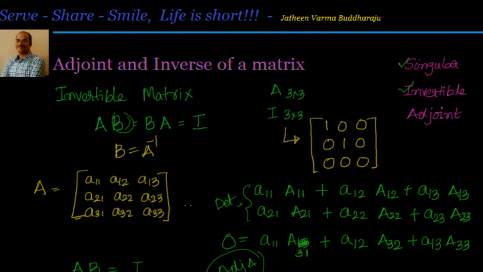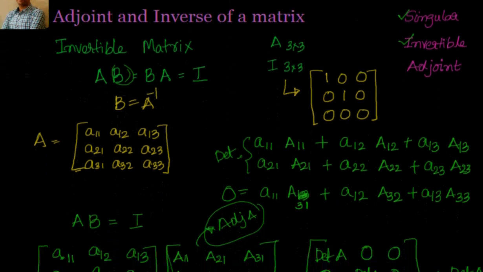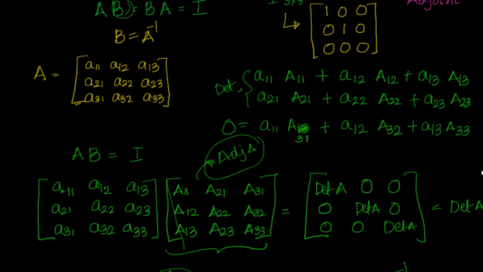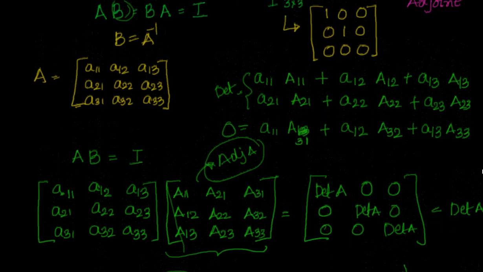Now I have to find B in such a way that I should get I or multiples of I, because if I get multiples of I, I will take that factor and bring it to the left side. Now with the knowledge we have, we know that if you multiply the first row with its corresponding cofactors, it is nothing but equal to the determinant, and if you multiply a row's elements with another row's cofactors, it is equal to 0.